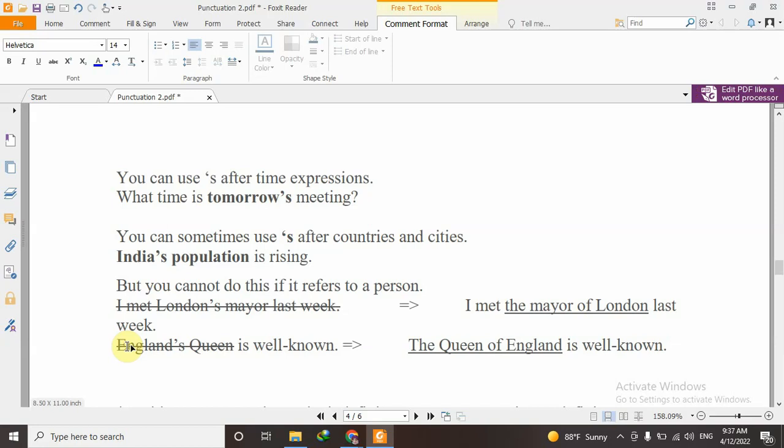So you have to say the queen of England, the king of the kingdom. I can't say the kingdom's king. Why? Because you are relating something higher, a living thing, to something not that high, a non-living thing, like the kingdom or England.